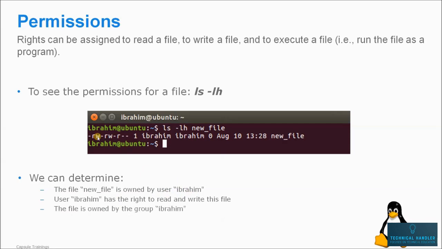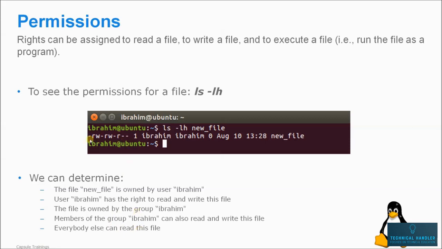The second thing is that the file is owned by the group Ibrahim, which shows right here. The third thing we can conclude is that members of the group Ibrahim can also read and write this file, which is shown right here by this R and W. Everybody else can only read this file, which is shown by this R right here.